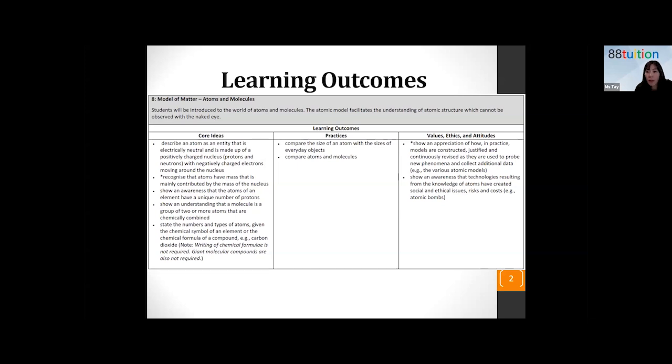Now, we are starting a new topic today, but I think some of you probably find this very familiar. Either your school has already taught you this together with the elements, mixtures, and compounds. Some schools choose to do that.